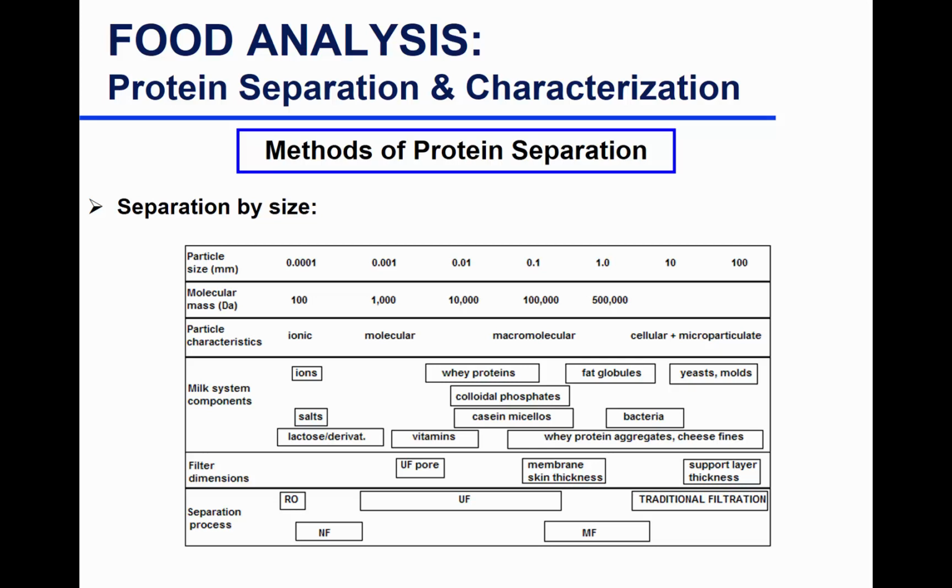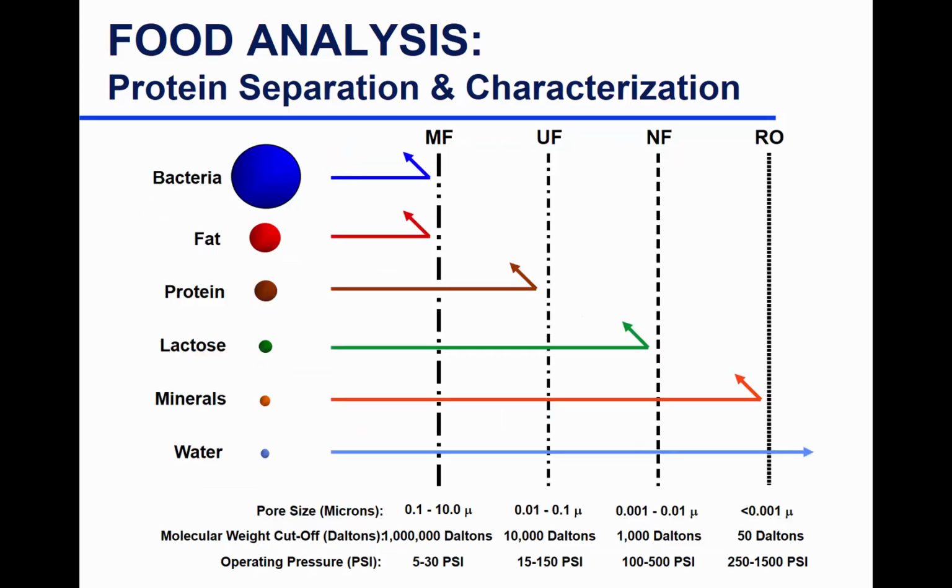The permeate for reverse osmosis will be very small, 100 Dalton will pass through, and anything greater than 100 Dalton will not pass through. And similarly for nanofiltration, there's a range between 100 and 1,000, and so on for ultrafiltration. And for microfiltration, really large molecules get retained. So here's an illustration of the different membranes, what you can retain and what can permeate.